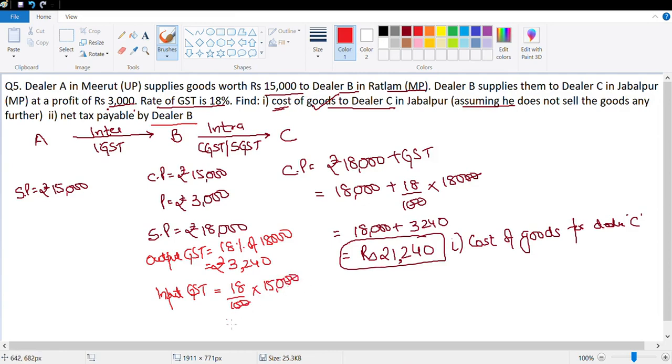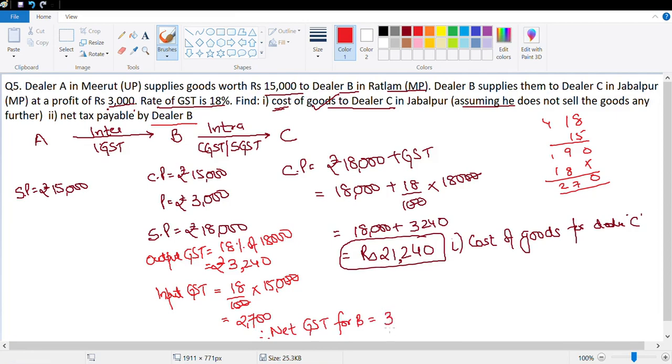Let's just calculate 18 into 15. That's 270, so that's 2,700.